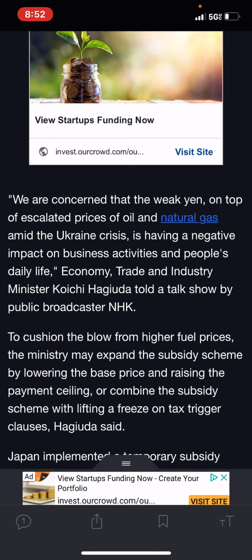So as long as the Japanese economy continues to grow from consumers having more money to spend in the stores and less money to spend at the pumps, the Japanese yen is going to continue to gain strength.